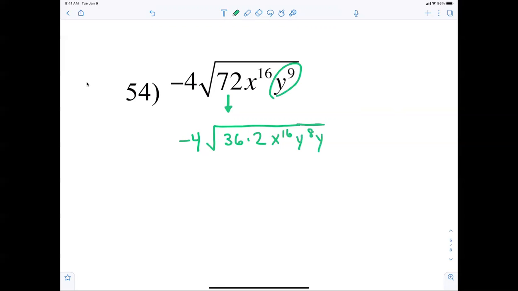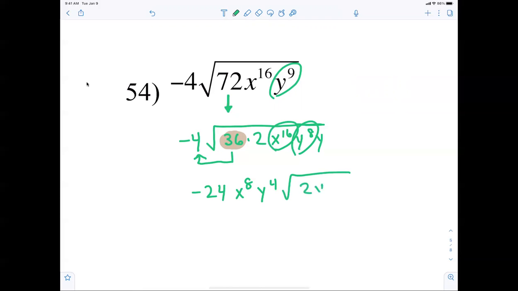Remember, you always are dividing your exponents by 2. So now square root of 36 is 6, and then times that, negative 24, x to the 16th, and then y to the 8th, and then square root of what's left behind, 2y.